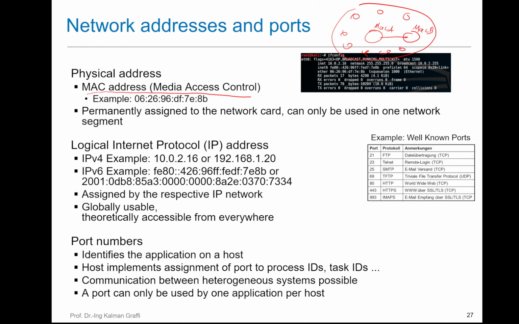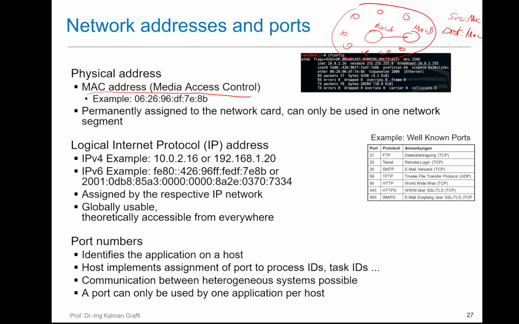Sometimes they are fixed in hardware, sometimes they are modifiable, but typically in the one-hop communication the source MAC address needs to be told and the destination MAC address needs to be told, and only they are used to identify who's the sender and who's the recipient in this one-hop communication environment.